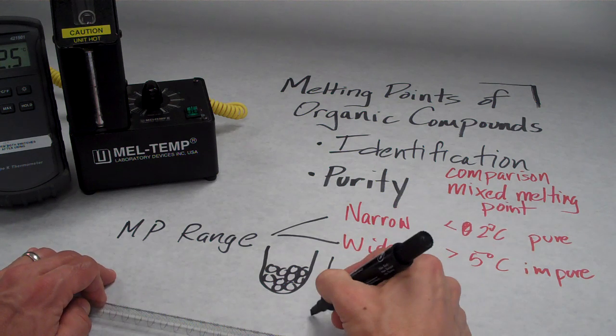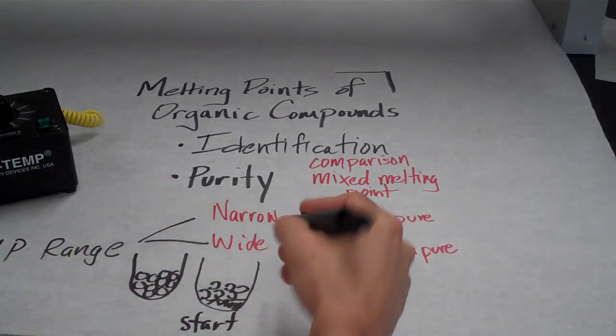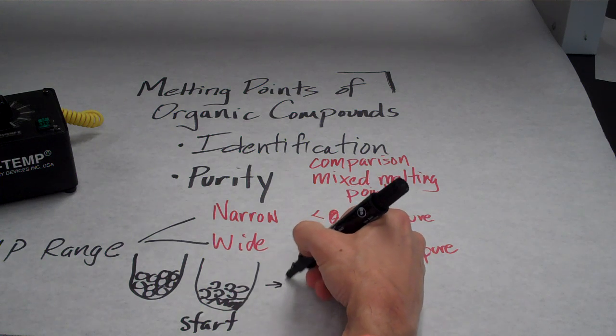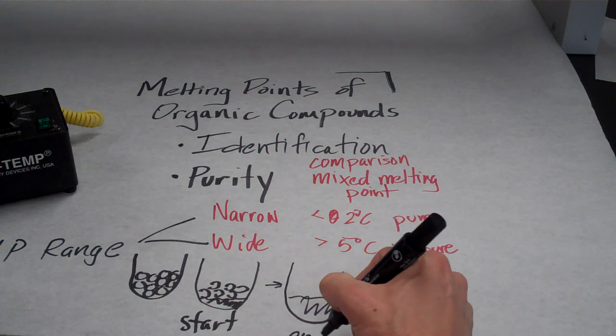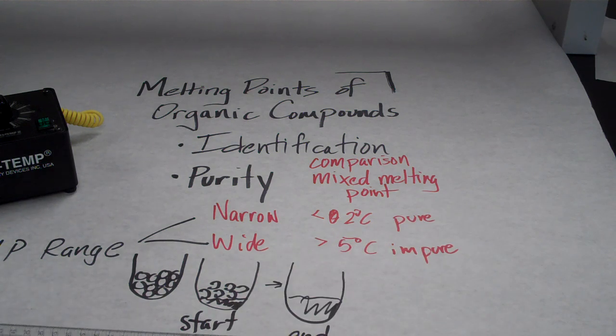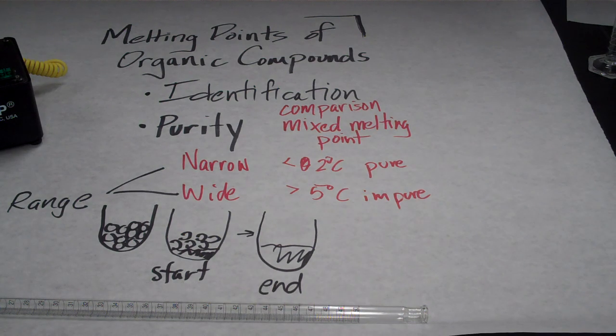This would be the start of your melting point range. You would record the temperature at that condition, and then when the last of your crystals has melted and all of the sample is now liquefied, that would be the end of your melting point range.